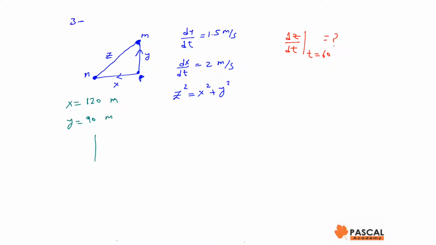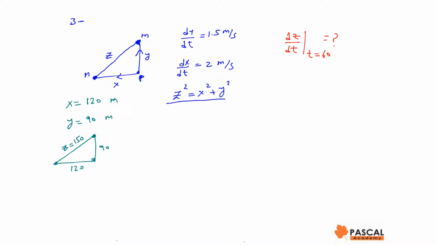If we use the Pythagorean theorem, we get z equals 150, the distance between them after 1 minute.